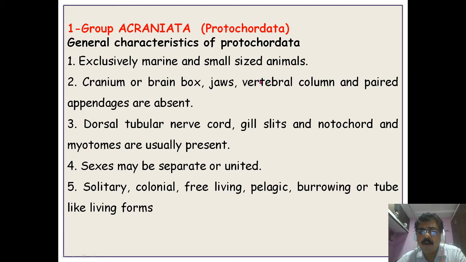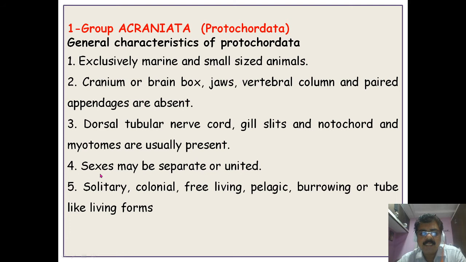Instead of vertebral column, there is a notochord, which is dorsal and tubular. Then the paired appendages are absent. The dorsal tubular nerve cord, gill slits and notochord are present, and the muscle bands, called myotomes, are usually present.